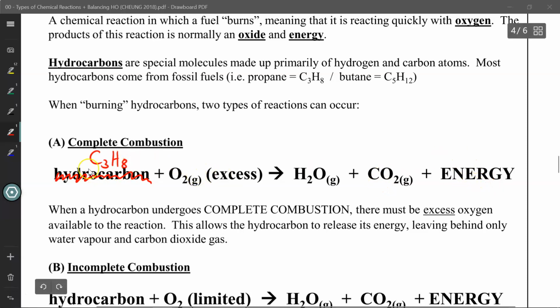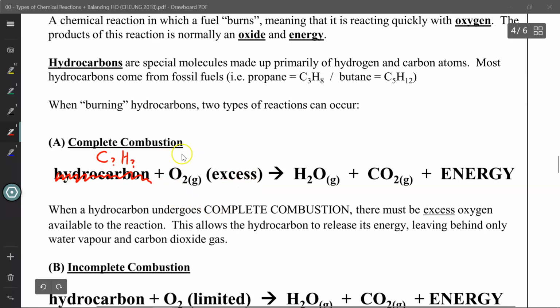No matter what hydrocarbon I burn, C3H8, or butane, C4H10, or octane, C8H18, C whatever, H whatever, you'll always need oxygen for that combustion reaction. You'll always produce water, CO2, and energy. So this pattern does not change regardless of which hydrocarbon you burn. Now the word excess means a lot of, more than you need.